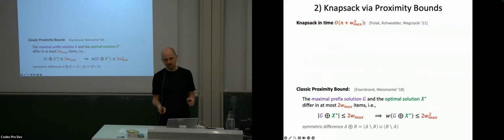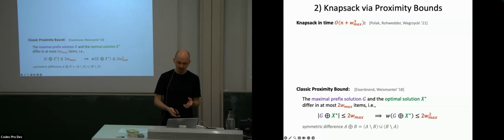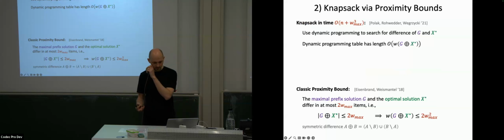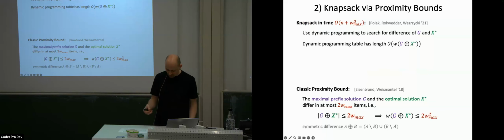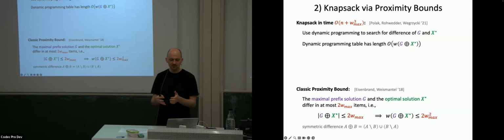This is useful for Knapsack. Let me show you that it's useful for Knapsack. Polak et al. got this algorithm in time W max cubed, where they use dynamic programming, but not to search for X star, but to search for the difference of G and X star. Which items do I need to add to G? Which items do I want to remove from G to get to X star?